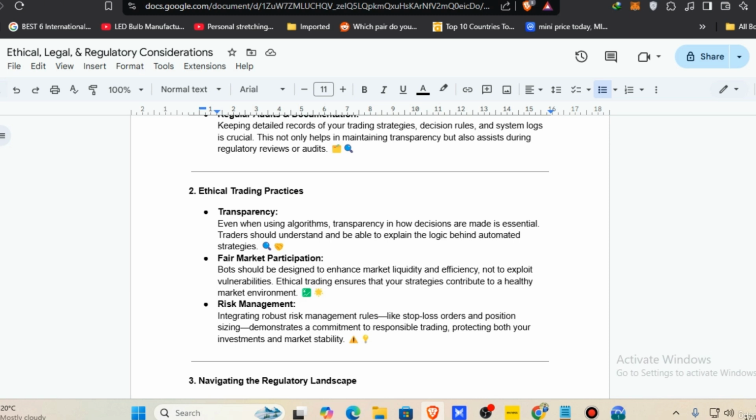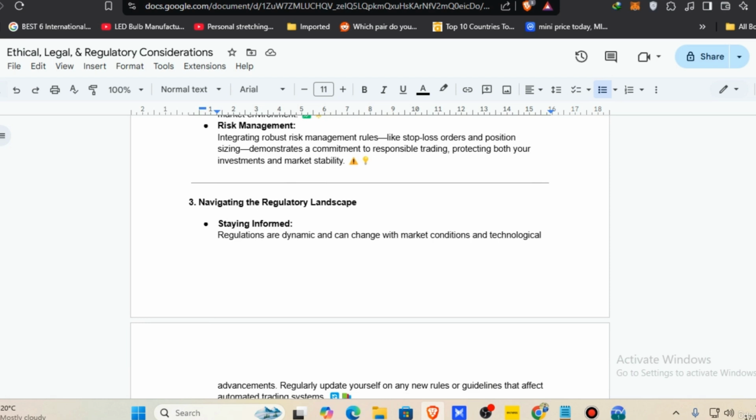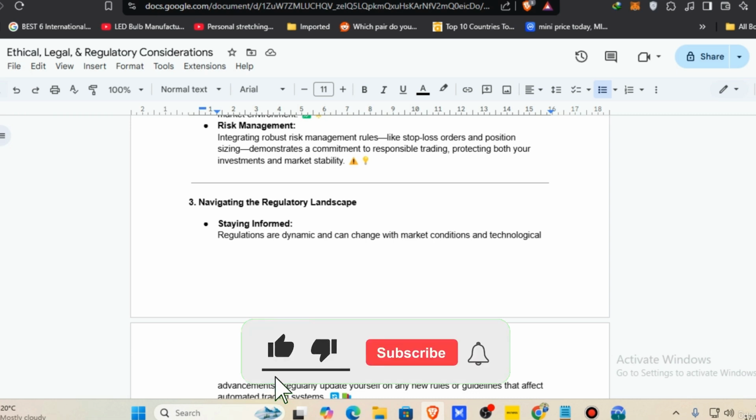All your decisions and strategies should be good enough to understand the market conditions and take correct decisions, and they should be based on a risk to reward ratio and proper management. And for navigating the regulatory landscape, you should always stay informed about regulations with your brokers, with gold, and all other regulations and market conditions happening worldwide.